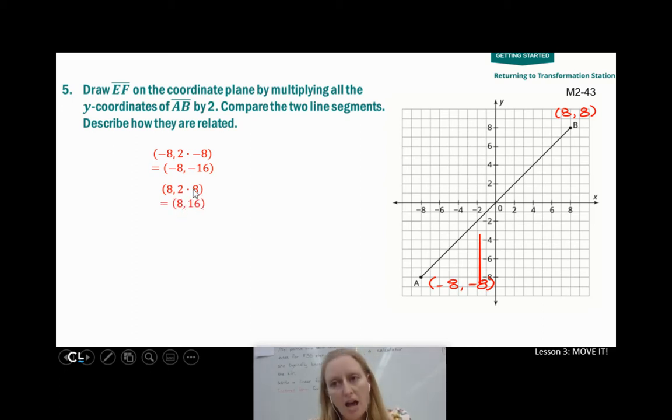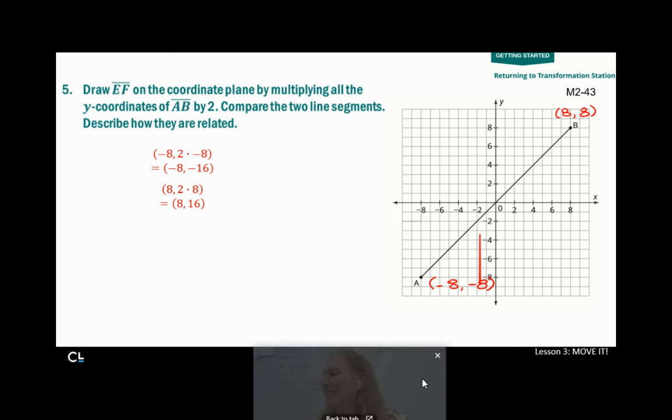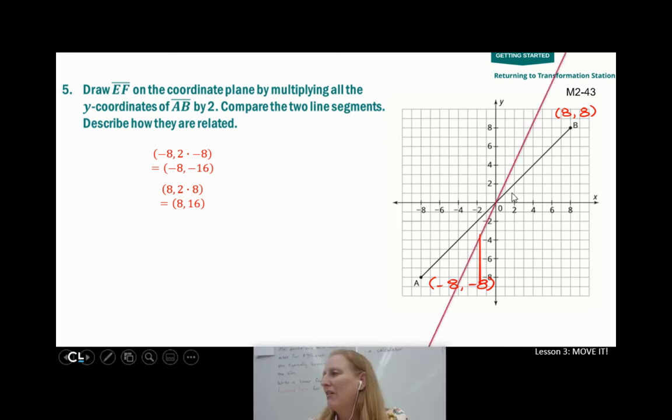So if I were to plot these new points, which is what I'm going to do now, they don't even fit on my graph. They went way off. Because -8, -16 is down here. And of course, 8, 16 is way up here. I connected them, and I tried to label them, but you can see everything went way out there.